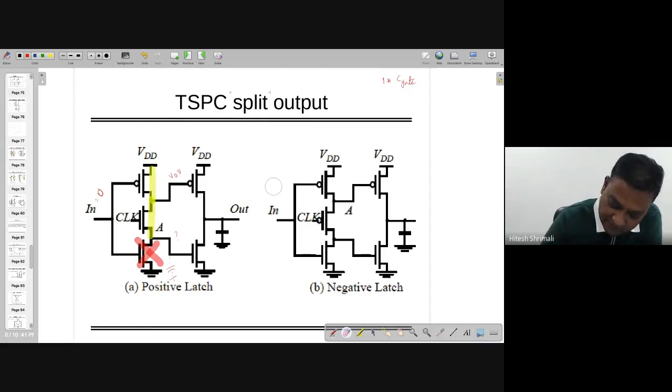Now let's forget about this. Let's assume that if in equals 1, in that case this is in off state, but note that this value was at VDD for your information, right? This value was at VDD.